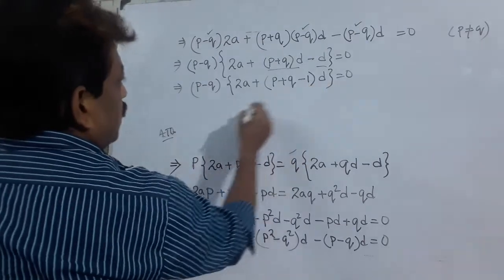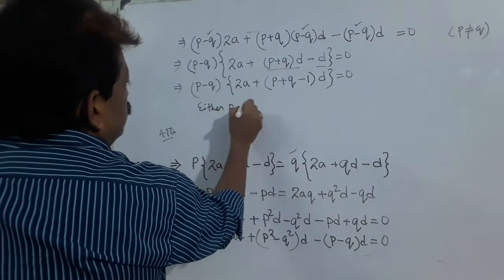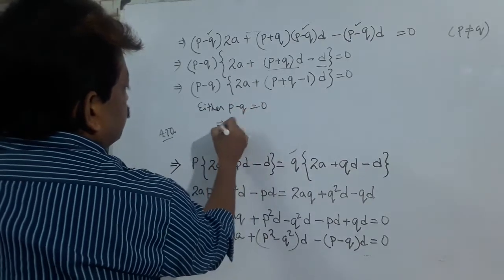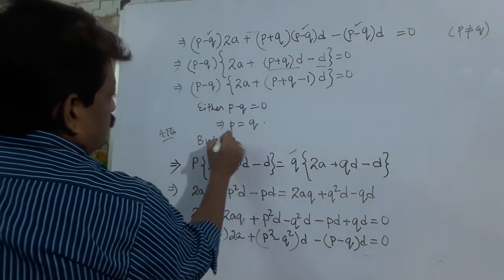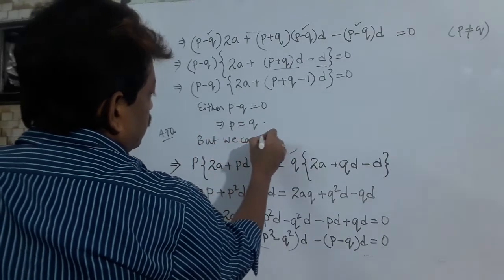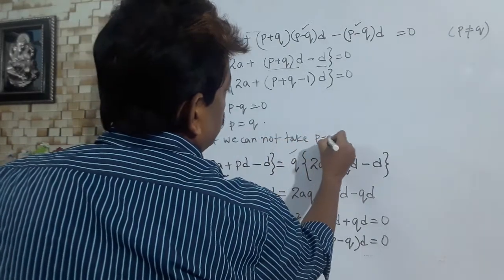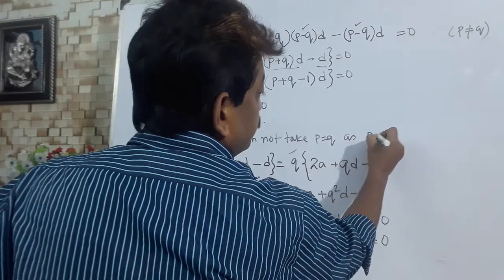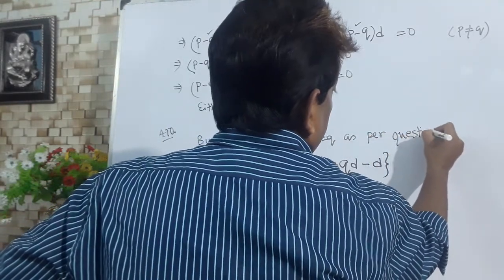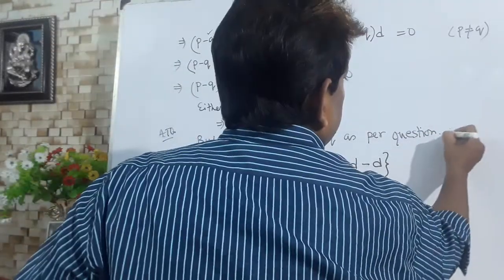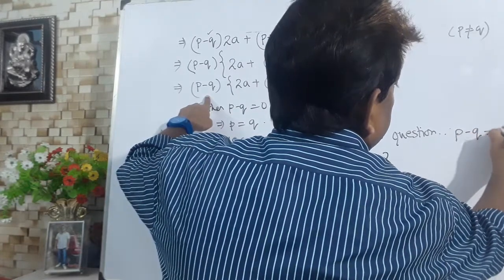So here, since I have got two factors, either p minus q equals to 0, which implies p equals to q, but it is given in the question that we cannot take p equals to q. Therefore, we cannot take p minus q equals to 0.